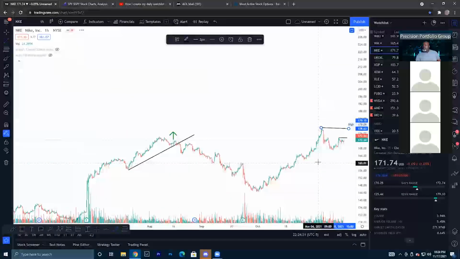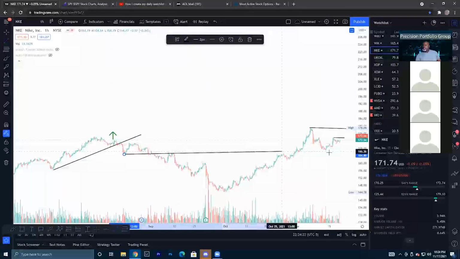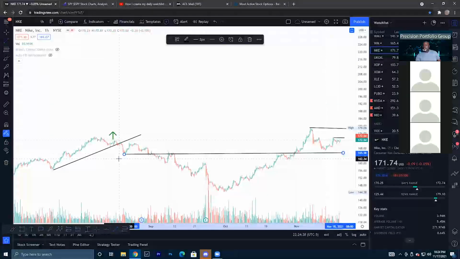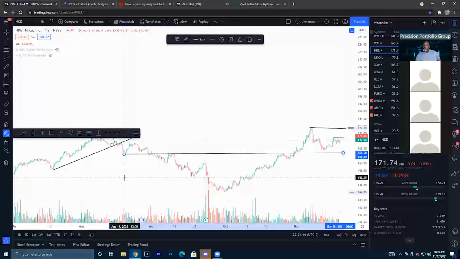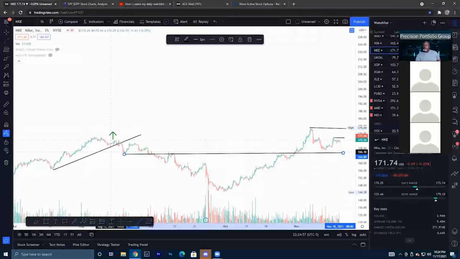And I can see another previous price level that it touched. You see that? It touched that level and it went up. And this was back in August. It went down to this level and spiked up. So we're looking for a nice spike up tomorrow on Nike, hopefully.